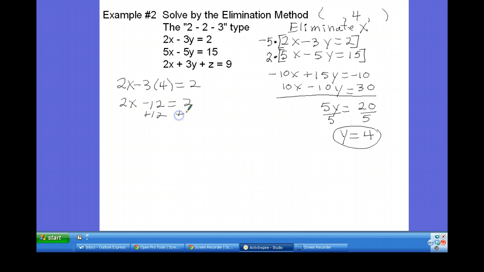Add 12 to both sides. And 2x is equal to 14. And divide by 2, and x is equal to 7. 7 is our x coordinate of our ordered triple. Our ordered triple is in there as x, y, and then z.